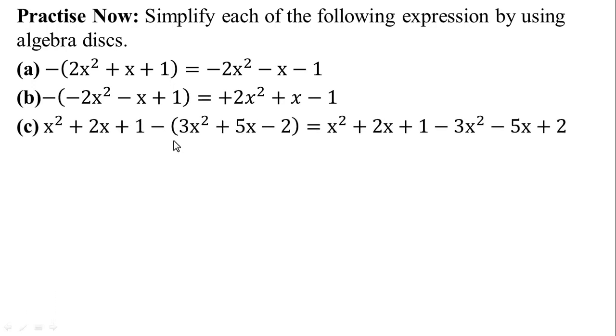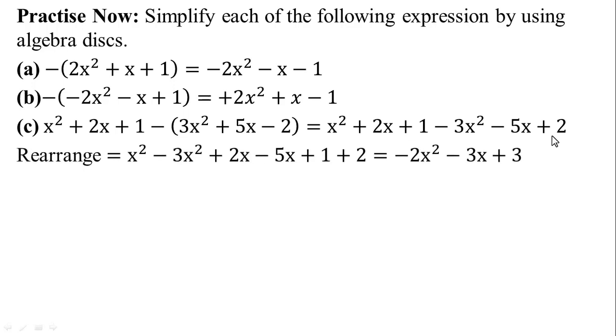Similarly, in C part, x square plus 2x plus 1 minus into 3x square plus 5x minus 2. First of all, minus sign multiply by each term, then change the sign of each number. Then x square plus 2x plus 1 minus 3x square minus 5x plus 2.